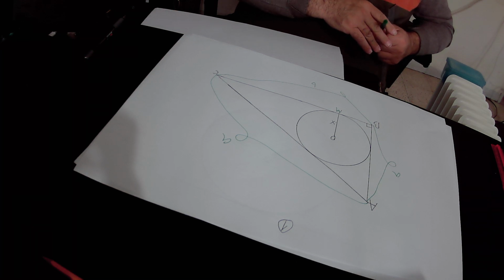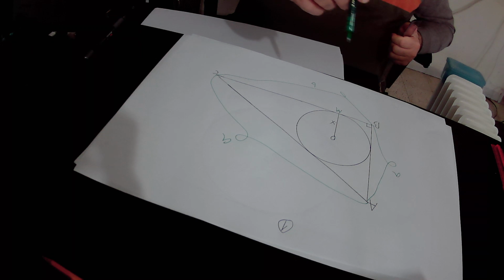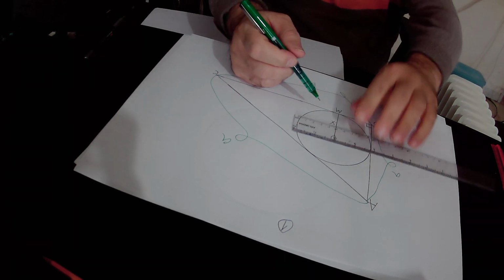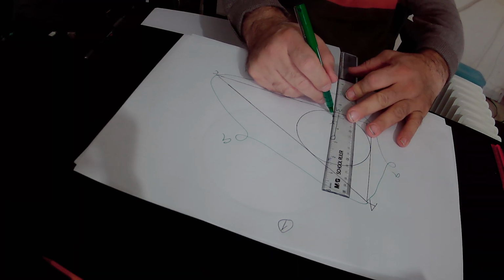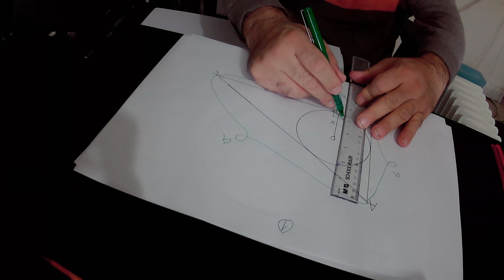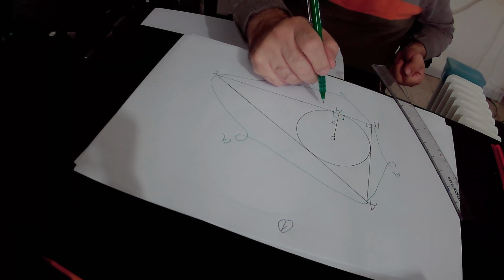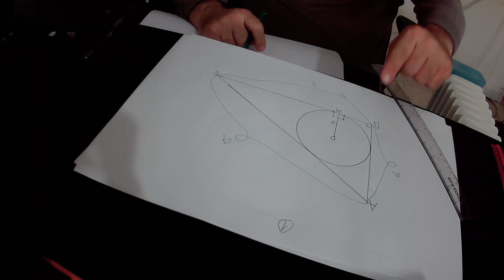And whenever you have a radius that is drawn to the point of tangency, then tangent BC will be perpendicular to the radius MO. That is to say, this angle will be equal to 90 degrees, and this angle will also be equal to 90 degrees according to rule number 1. So here point O is the center of the circle.